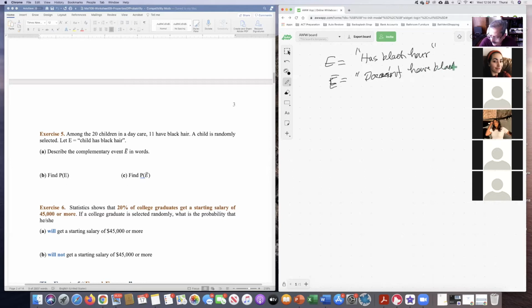Okay, so that's how you describe it. And then it says, what is the probability of E? That'll be 11 over 20. 11 have black hair out of 20. And the probability of E bar would be what? 9 over 20.